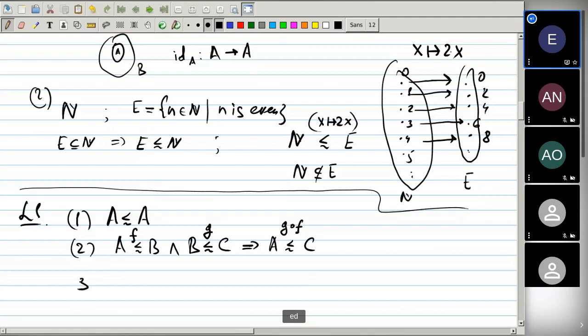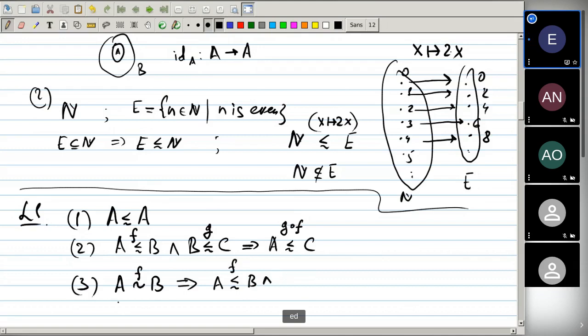What else? Assume that A and B have the same number of elements, that is, there is a bijection. It should be so that A has no more elements than B. Do you agree? Yes. But do we have an injection from A to B? It's F. F, of course, is such an injection.